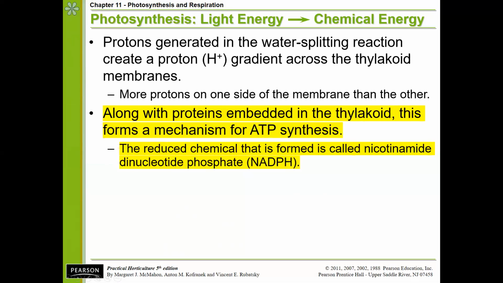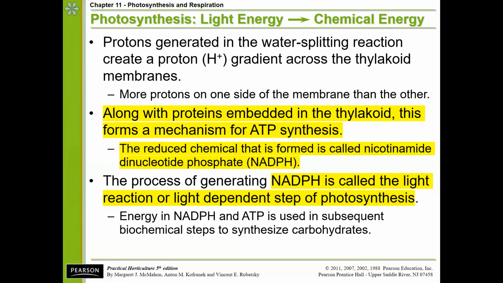Then we have a reduced chemical that is formed through this process that is called nicotinamide adenine dinucleotide phosphate, or that's the only time you'll hear me say that. The rest of the time we'll refer to it as NADPH. And the process of generating this NADPH is called the light reaction, which is that light-dependent step of photosynthesis.